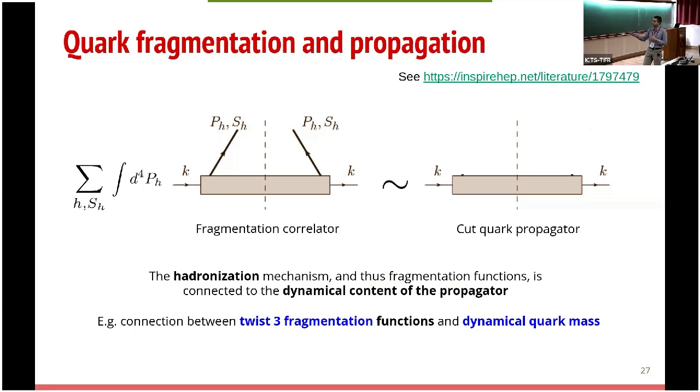For example, there are certain fragmentation functions that appear at twist three, which are related to the dynamical generation of mass in the propagator. So fragmentation functions are very interesting, also because you can define these kinds of relations to the most important properties in QCD. You can link hadronization and chiral symmetry breaking, for example.